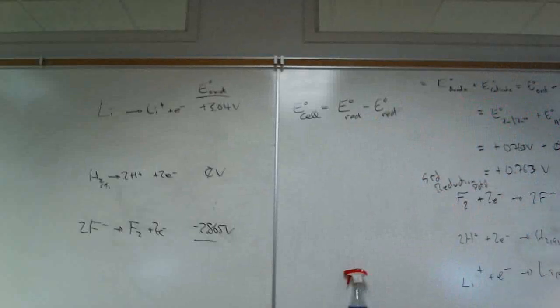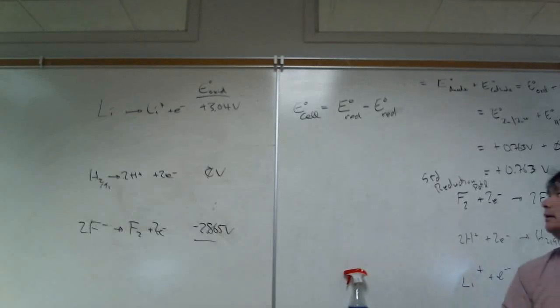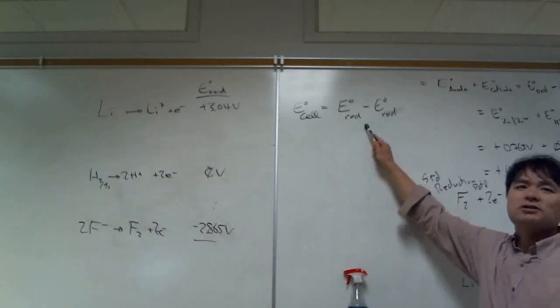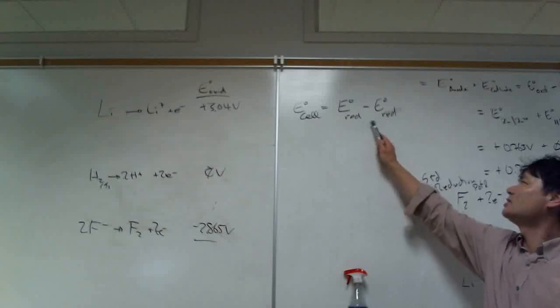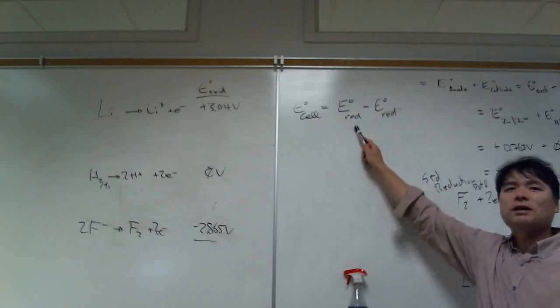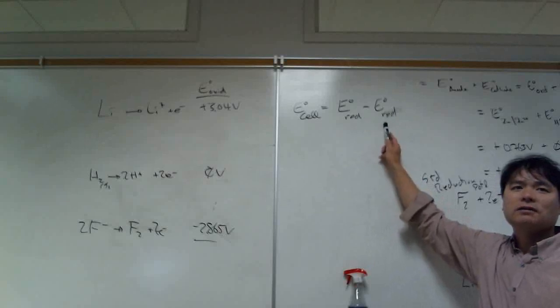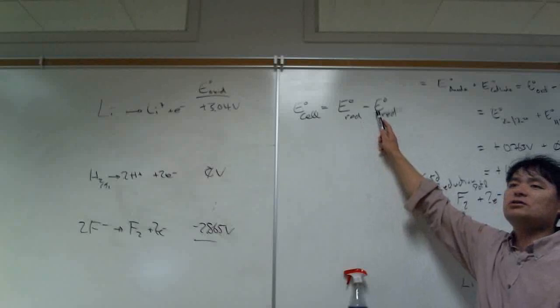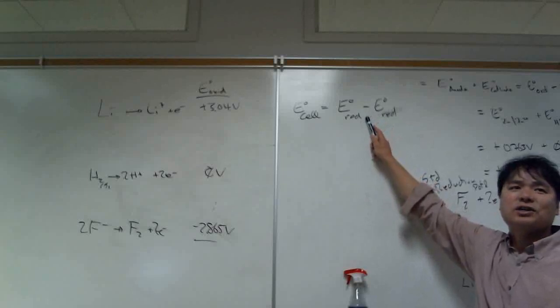What does that mean? Why do you think he writes the equation like this? The reason is that our table consists of reduction potentials, and you can't have a reduction and a reduction. You have to have a reduction plus an oxidation. So the equation is converting one of the reductions into an oxidation.